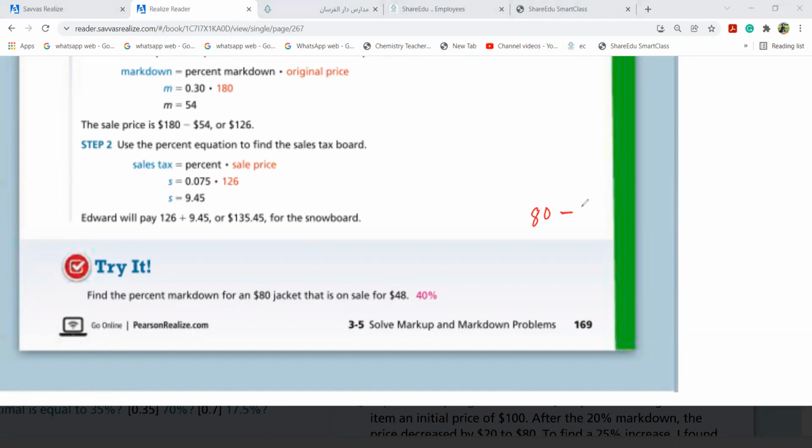Now how much is it? It's on sale, $48. So what is the markdown? 80 it was, and now it's 48. So 80 minus 48 is 32. So now 32 out of 80, very good, multiply by 100.